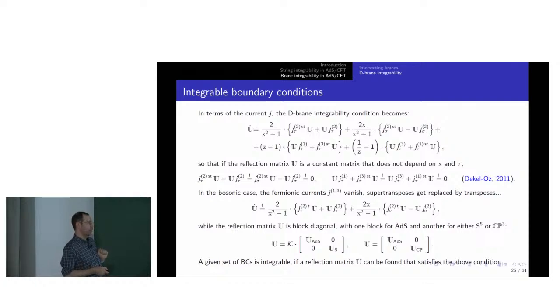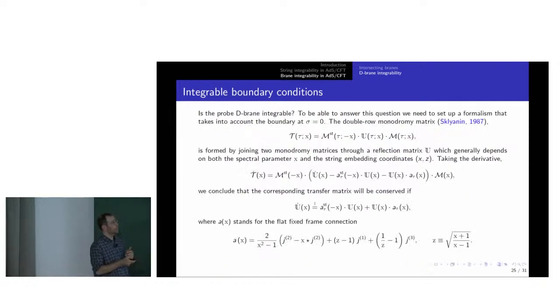Then we can claim that the boundary conditions are integrable, because we can expand this matrix in the spectral parameter and obtain the charges as I showed you before.